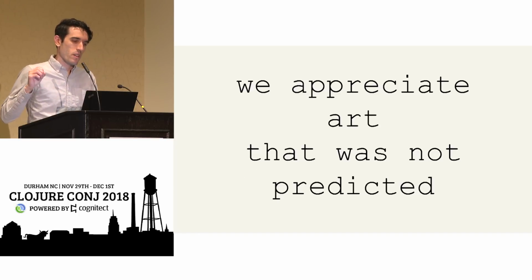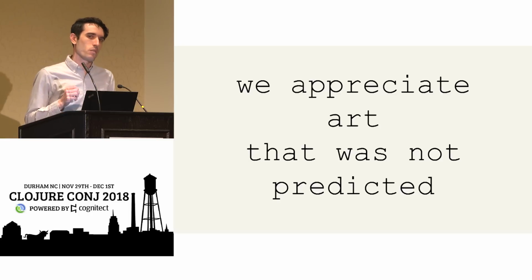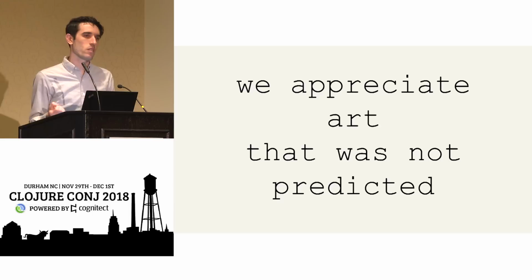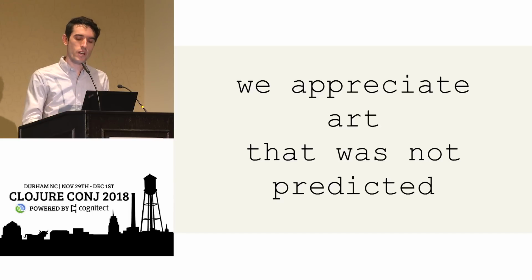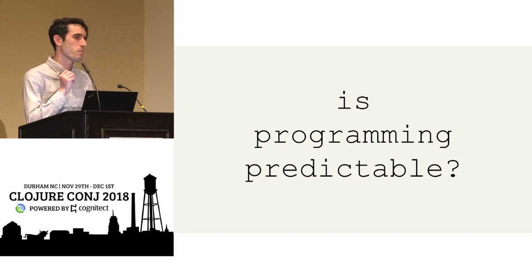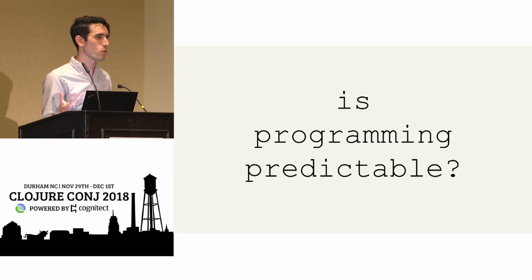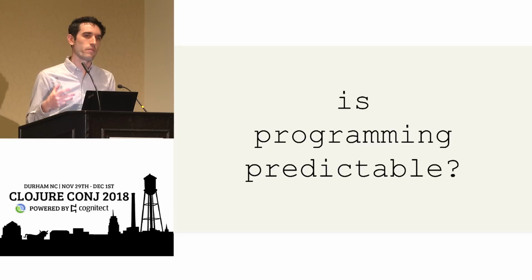So if we appreciate art that wasn't predicted, does that put us in a tough spot when we're working with programming? One of its strengths that makes it a useful tool in the first place is that it is very predictable.